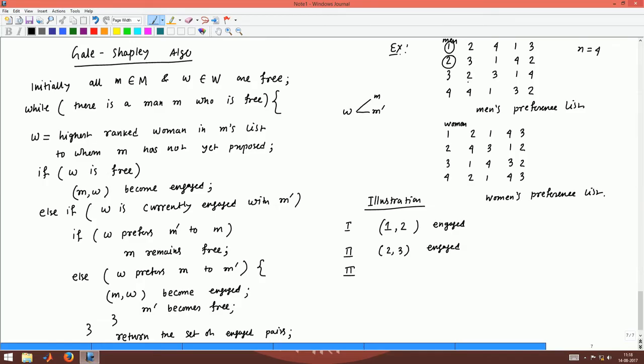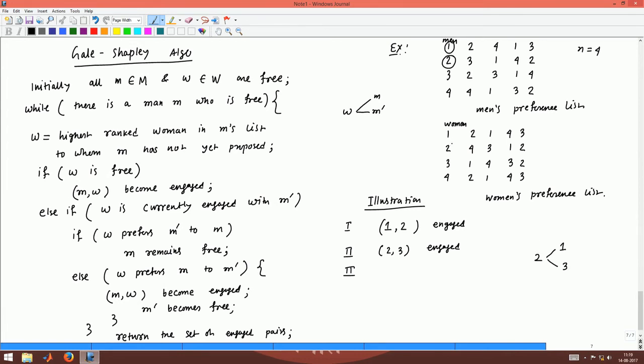Now, here the problem occurs, 2 is not free. 2 is currently engaged with 1, and 2 has a proposal from 3.